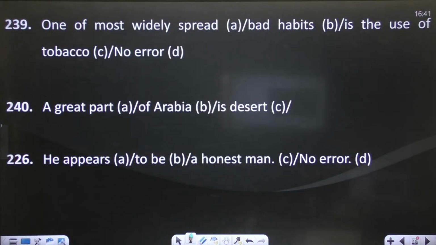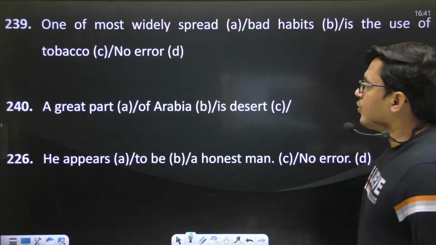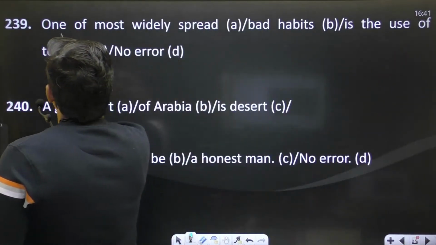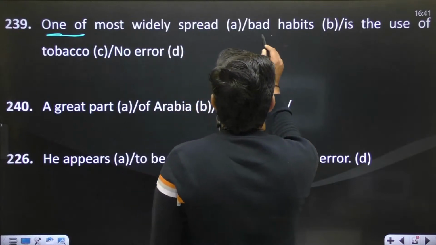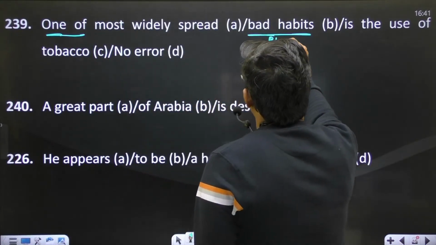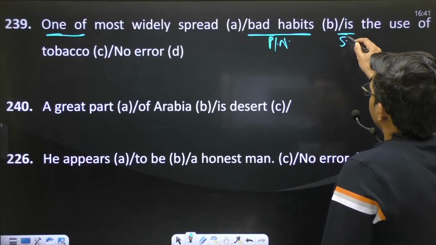The concept is, one of is always followed by a plural noun or pronoun, and it demands a singular verb.